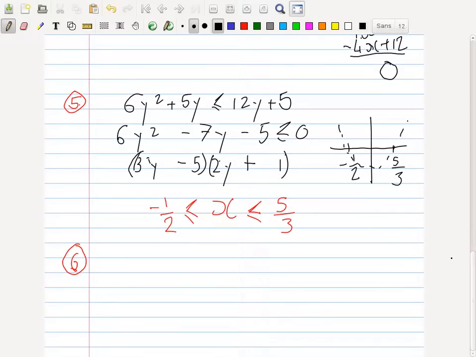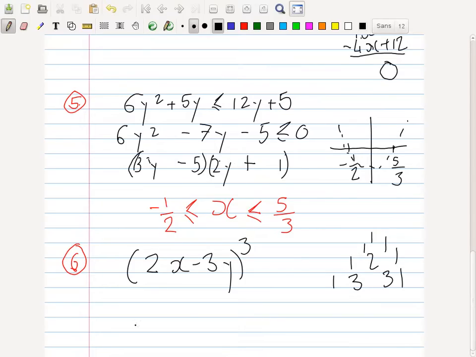Okay. Number 6, they want you to use Pascal's triangle to expand 2x minus 3y cubed, and the triangle is 1, 1, 1, 1, 2, 1, and then what we need, 1, 3, 3, 1.